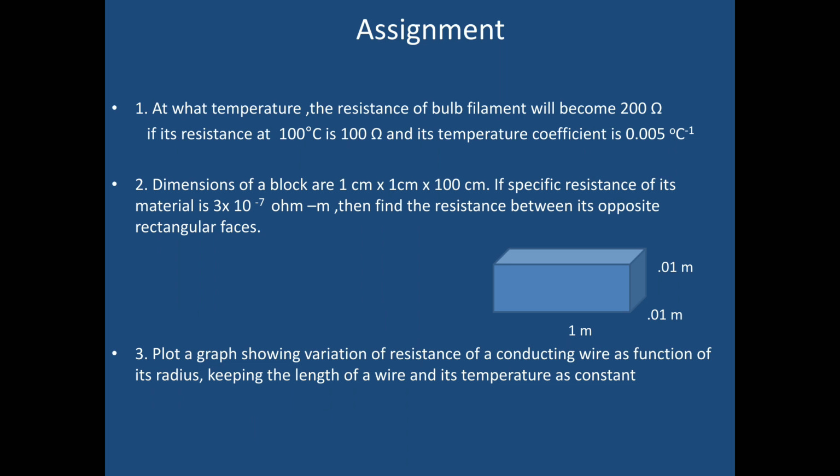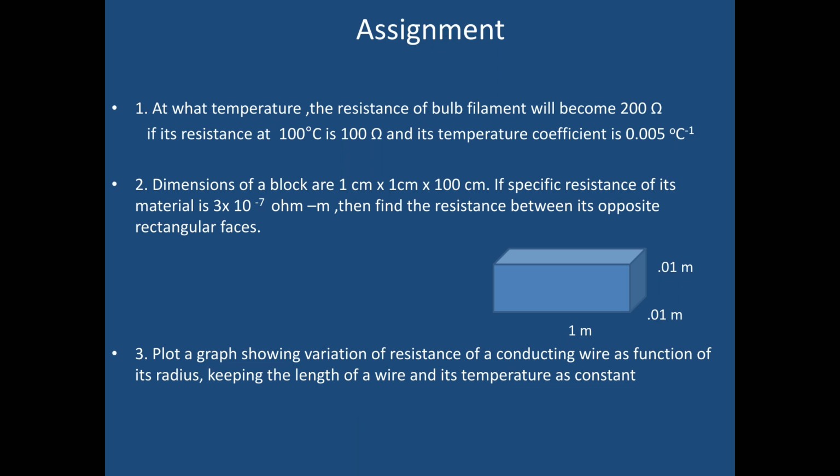Now let's talk about some questions. First question: at what temperature will the resistance of a bulb filament become 200 ohm if its resistance at 100 degrees Celsius is 100 ohm and its temperature coefficient is 0.005 per degree Celsius.